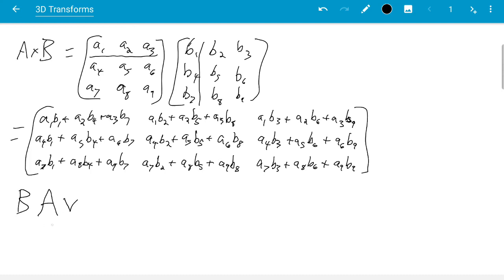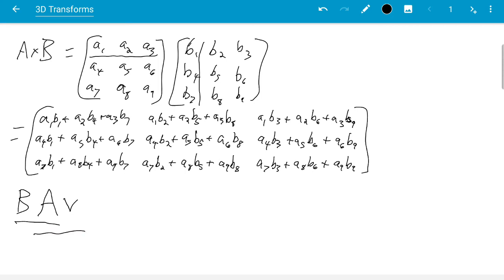So this is first multiplying A times V, and then multiplying B times that answer. You could think of it the other way. You could say, maybe we're multiplying these matrices together first, and then we're applying that result to the vector. And that's totally fine too.